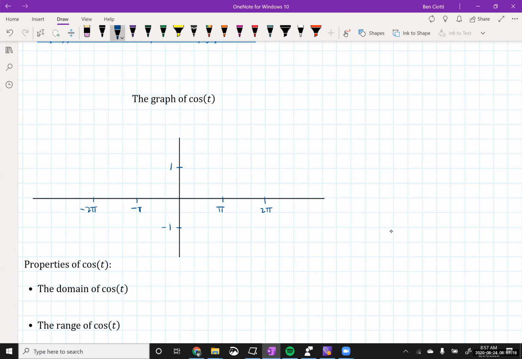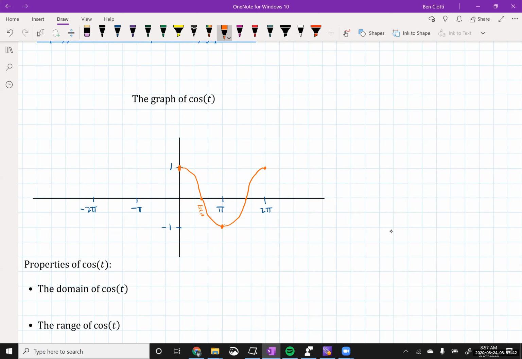The cosine graph, without going into full details here, starts at 1, at pi it's negative 1, and it crosses the x-axis at pi over 2. And there's your cosine graph.